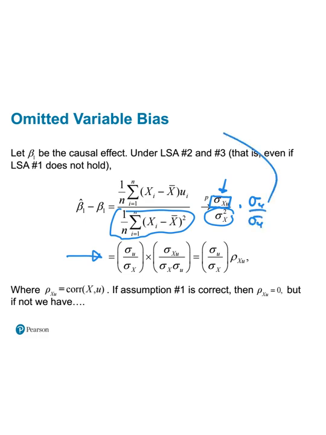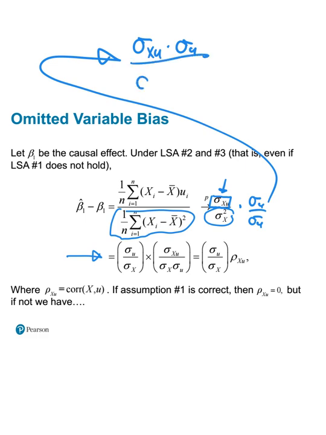And what that allows us to do, let's rewrite this right here. We're going to have sigma xu times sigma u over sigma x times sigma x. I just broke apart the sigma x squared, times sigma u.